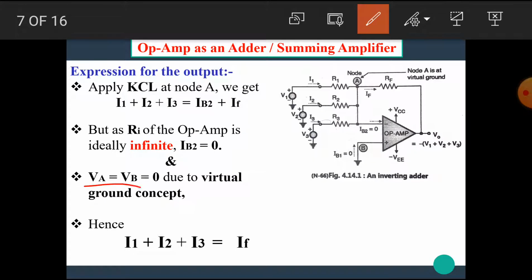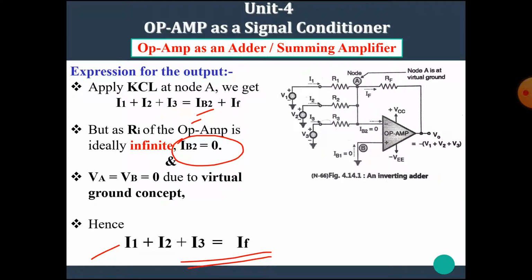Hence we can write VA equals VB equals 0 due to the virtual ground concept. If we place IB2 equal to 0 in the equation, we get I1 plus I2 plus I3 is equal to IF.